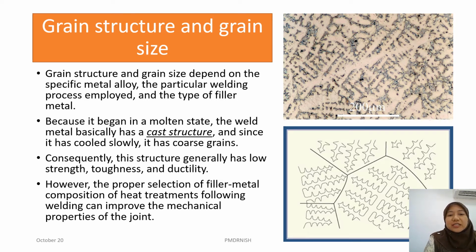Smaller grains show that the material tends to have higher strength and higher hardness. That's why measuring the grain size and the dendrite arm spacing will give an idea about the properties of the final weldment.